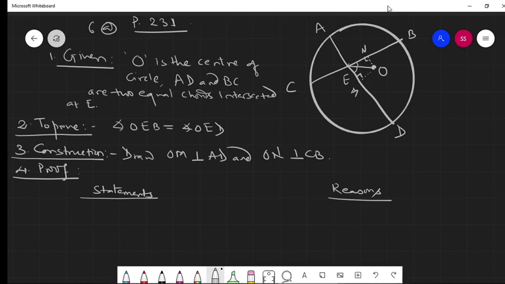So these two triangles NEO and MEO are congruent by RHS axiom. And finally these two angles are equal, as they are corresponding angles of congruent triangles. That's why OE is the angle bisector of angle BED.